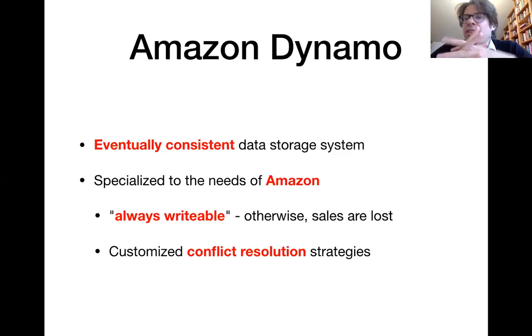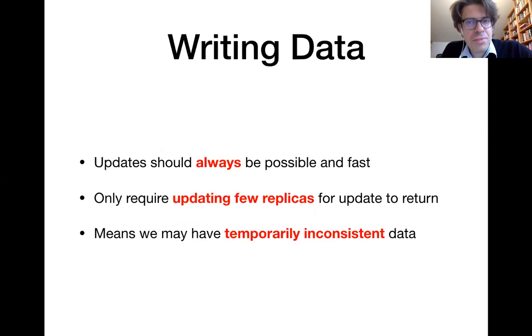And it also uses, for instance, a couple of customized conflict resolution strategies. So as discussed, the first property of the system is that we want to be always writable. And that essentially means that we want to require only a few updates to replicas in the system before we consider a write operation a success.